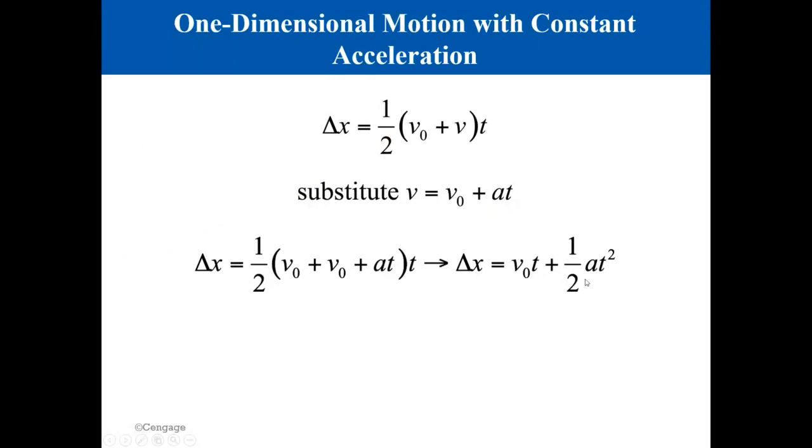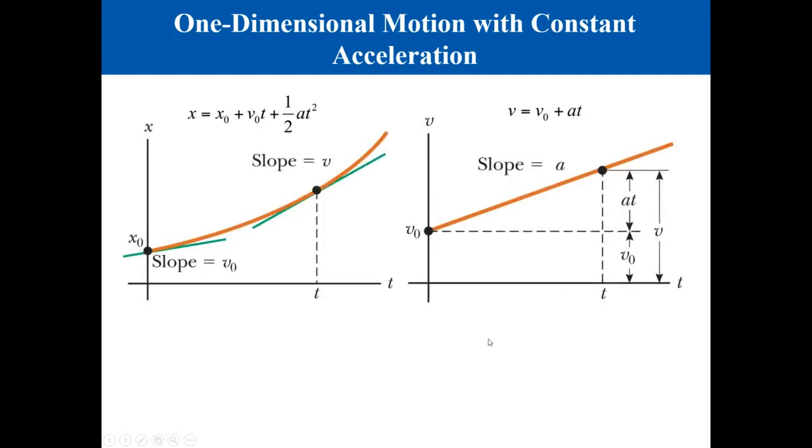This third kinematic equation allows us to calculate x if we know the initial velocity, the acceleration, and the elapsed time. We can calculate the change in the position x. As you can see here, the change in x with time is parabolic because you have t squared, not only t. If it was only t, it would be a straight line.